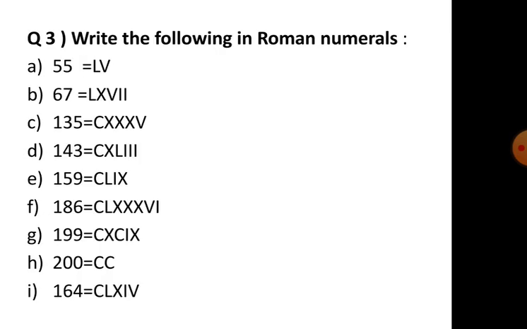Next question number 3. Write the following in Roman numerals. So we'll write these numbers in Roman numerals. 55, 50 means L, 5 means V. So LV. 67.